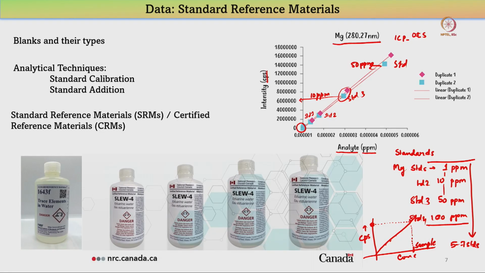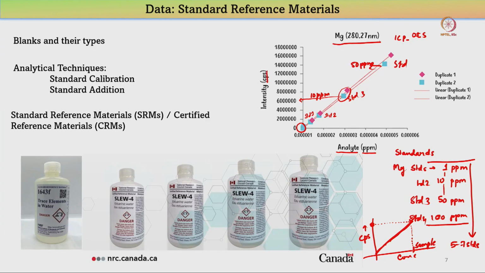But to do this I need to have this slope. So, this is very important, the slope of the calibration curve. If this changes then my concentration value will change.